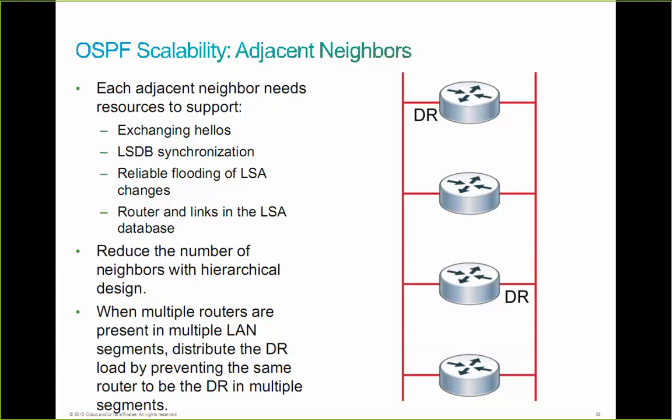But a Type 2 LSA doesn't actually even represent a network per se. It represents the network that the DR is responsible for. So Type 2 LSAs are generated by DRs, and they describe the network that the DR is managing.